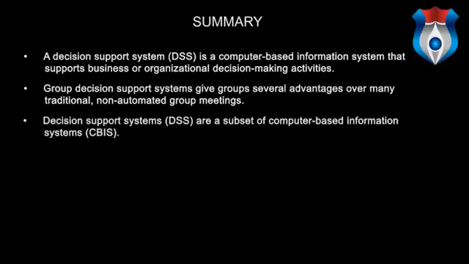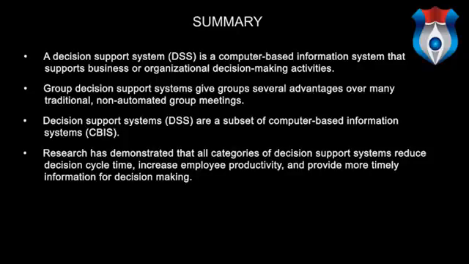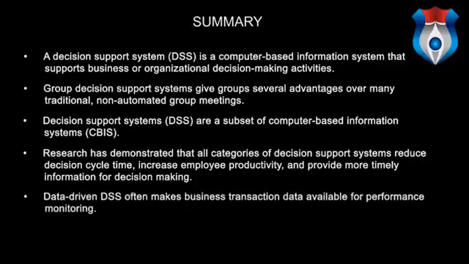Decision support systems, DSS, are a subset of computer-based information systems, CBIS. Research has demonstrated that all categories of decision support system reduce decision cycle time, increase employee productivity, and provide more timely information for decision making. Data-driven DSS often makes business transaction data available for performance monitoring.